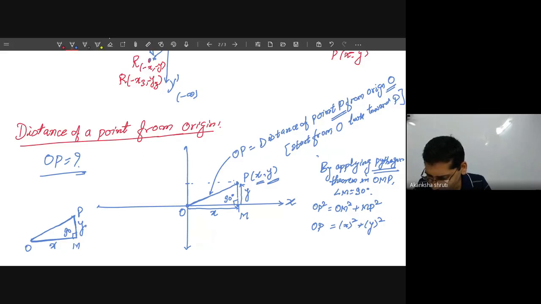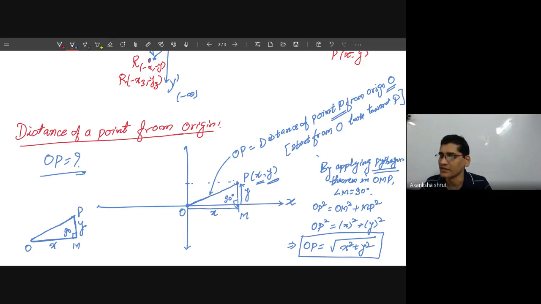This is the value of OP square. If I want to know OP, I just take the under root of x square plus y square. This gives the distance of point P from the origin. If the coordinates x and y are known, we square the abscissa and ordinate, add them, and take the under root to get the distance of that point from the origin. So this is the formula for the distance of a point from the origin.